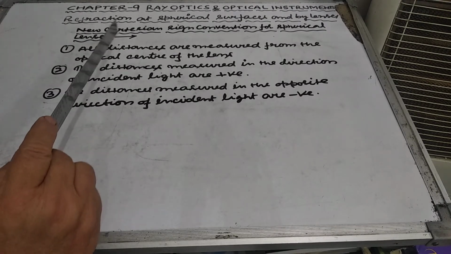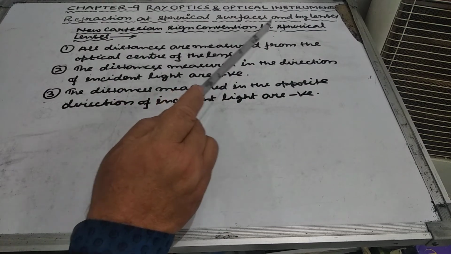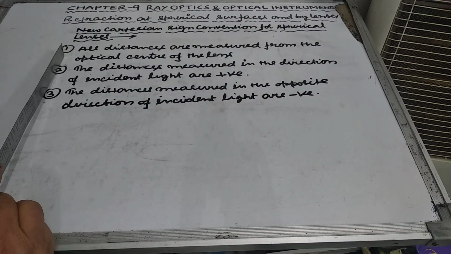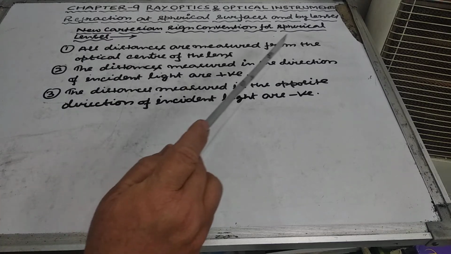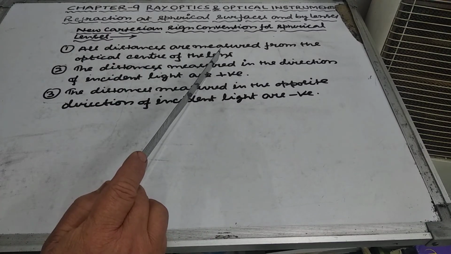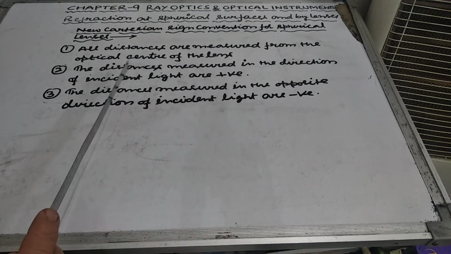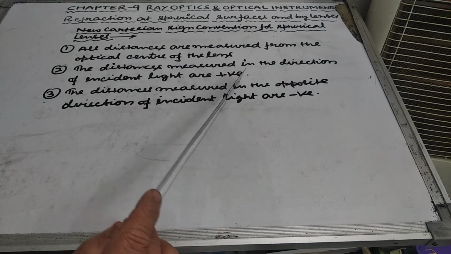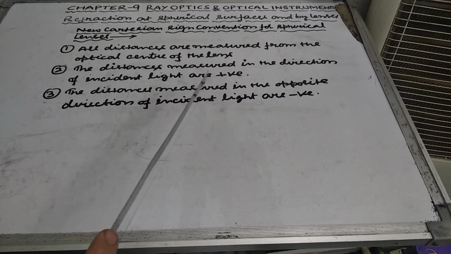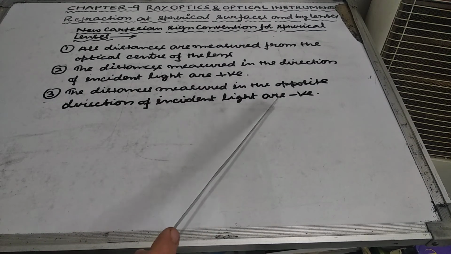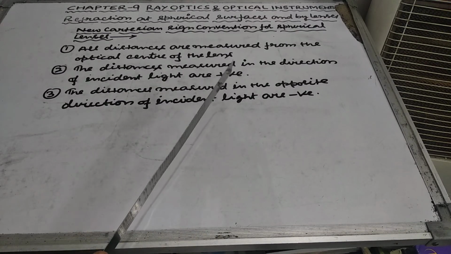So now the next point is the new Cartesian sign convention for spherical lenses. First, all distances are measured from the optical center of the lens. Second, the distances measured in the direction of incident light are positive. Third, the distances measured in the opposite direction of the incident light are negative.